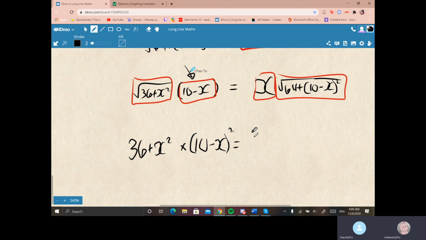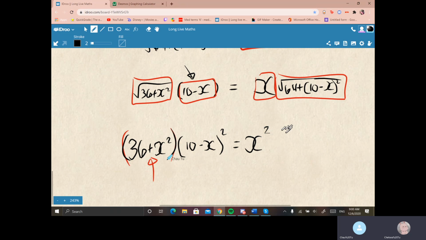Wait, Chelsea, it's not right, because you've got this plus here, when people read your work, they will think that this is like one block. It should be this. Can you see that, Chelsea? Now it becomes a lot cleaner.